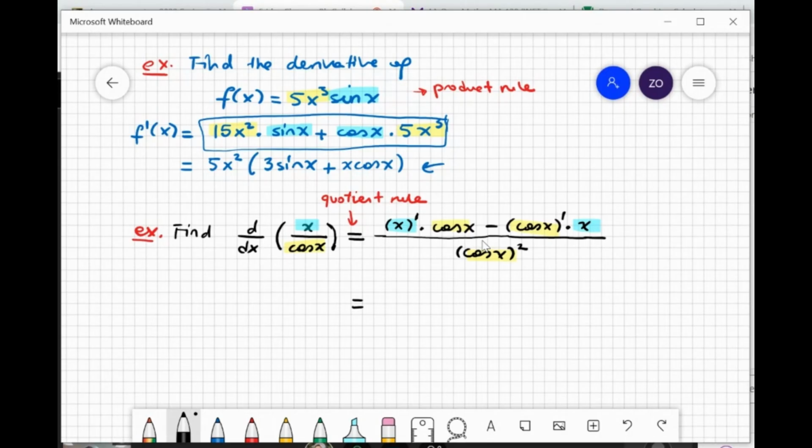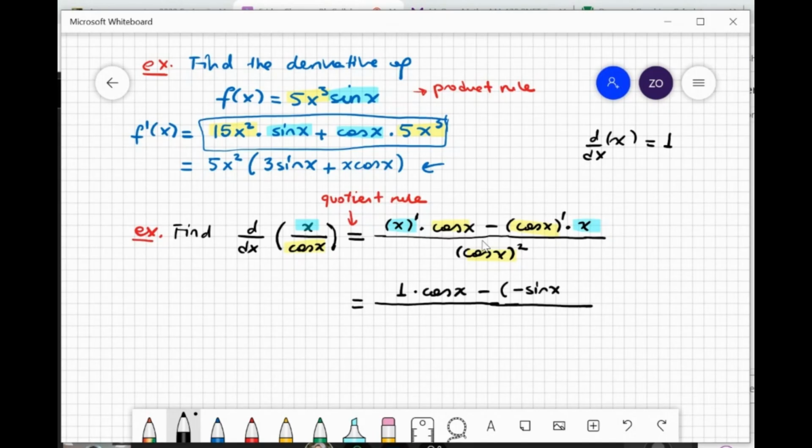So let's plug in. What is the derivative of x? The linear function x, its derivative is 1 times cosine x. So the yellow one, we don't take the derivative, right? Multiply with the second function. Minus, what is the derivative of cosine?